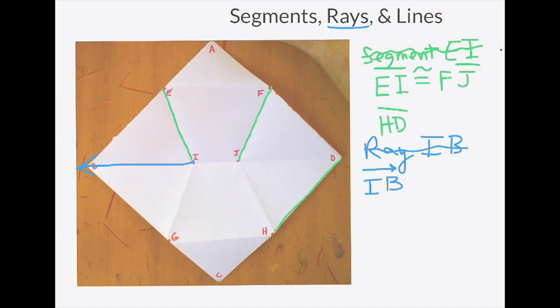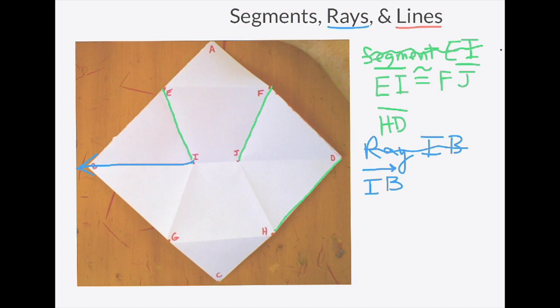So that brings us to the last vocabulary for this slide, which is what a line is. Now, a line officially is a series of points that extends on for infinity in both directions. So in this particular design, there aren't any lines because this design is made up of a bunch of segments that have a starting point and an end point.